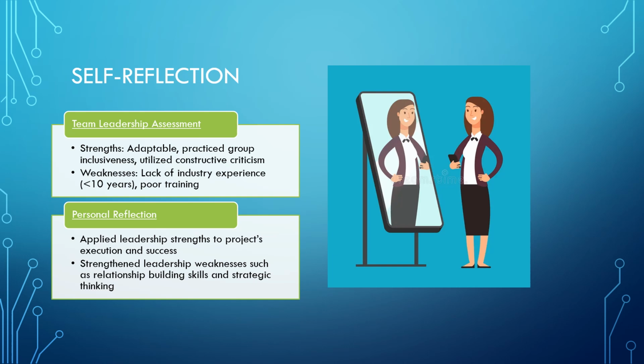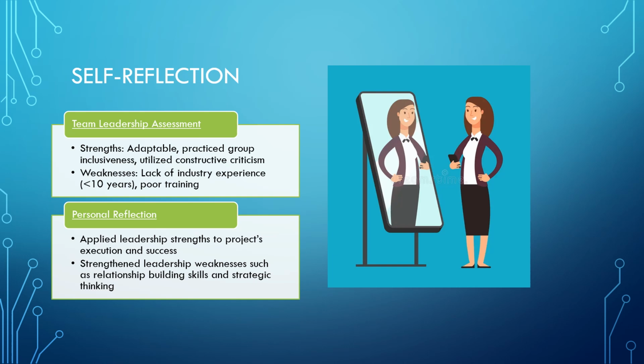that weakness. Personal reflection. I did try to apply my leadership strengths to project execution and success, such as deliberately focusing on project needs and being consistent with training and meetings.